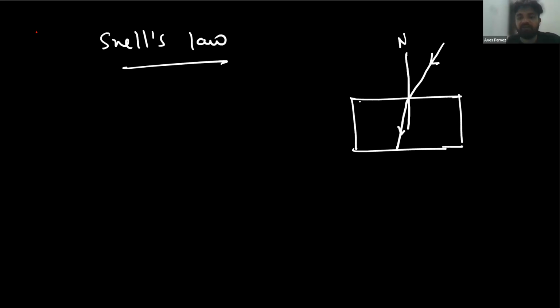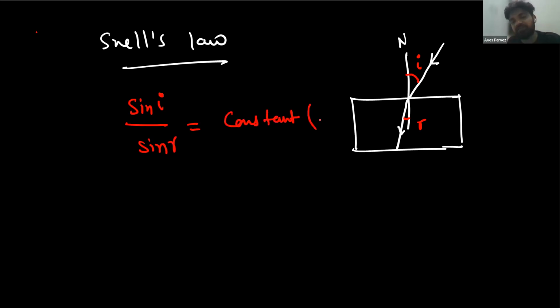This angle is the incident angle, and this angle is the refracted angle. So it says that sine i upon sine r is equal to a constant, denoted by mu, which is called the refractive index.